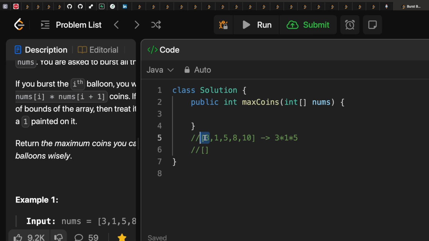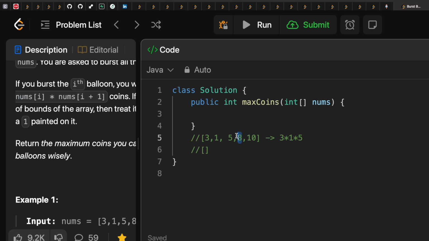Let's say now we decide to solve this problem for balloon 5 and try to burst it. On its left, as 1 is already burst, we need to consider the left as 3 now, and on the right we will have 8.